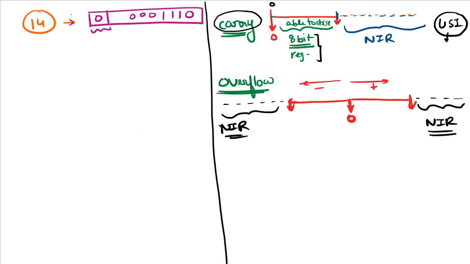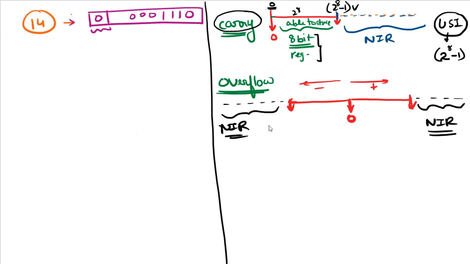It will be 0 to 2 to the power 8 minus 1. Because there are 8 bits, we can totally have 2 to the power 8 numbers, and if our count starts from 0, the count will go till 2 to the power 8 minus 1. After that we won't be able to represent the number.